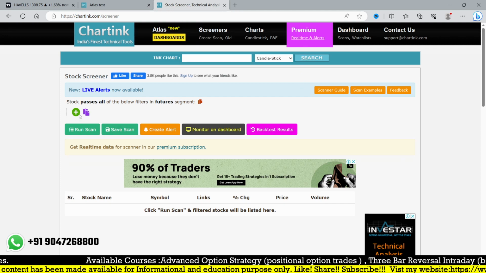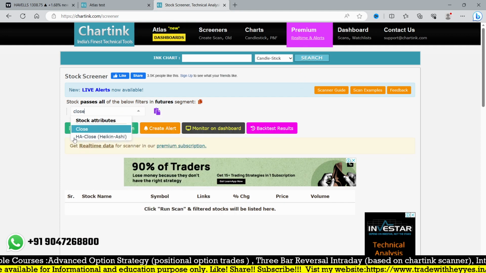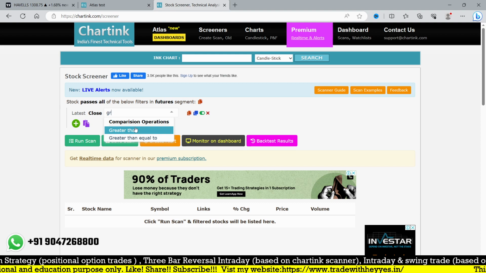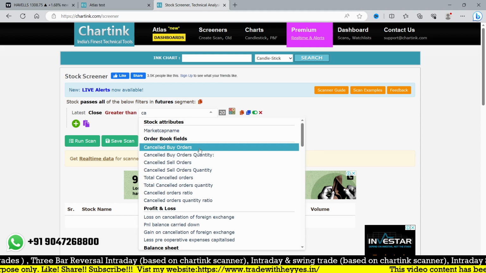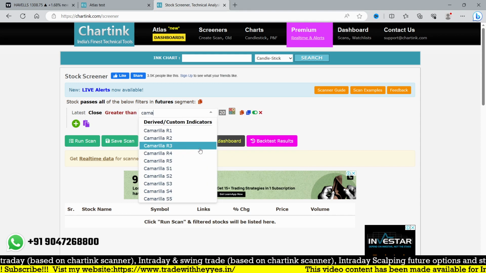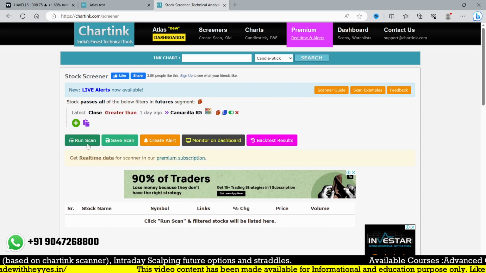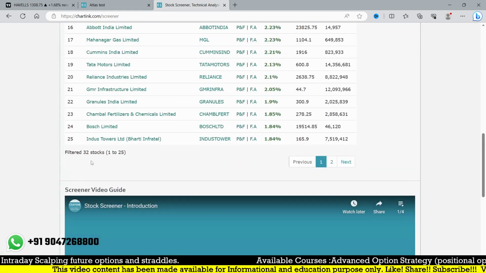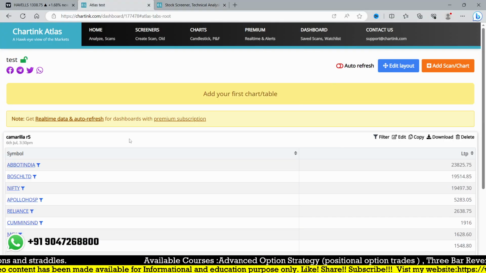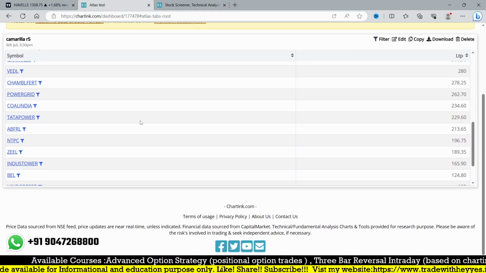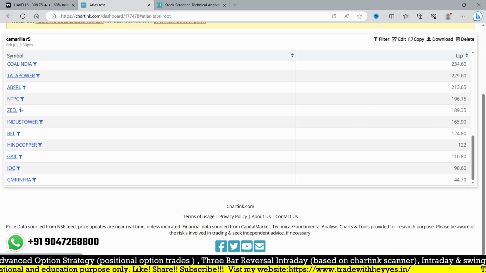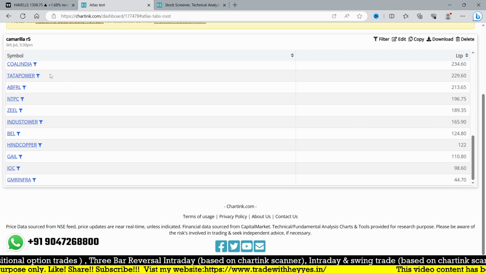Something like, the close must be greater than Camarilla R5. So one day ago, trend scan, how many stocks are there? Here we can see only 32, I think. 2, 4, 6, 8, up to Tata Power, 10.